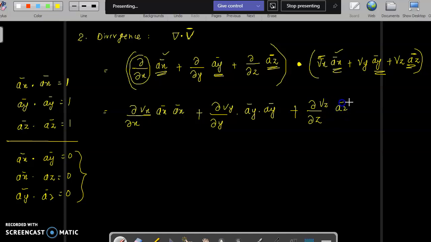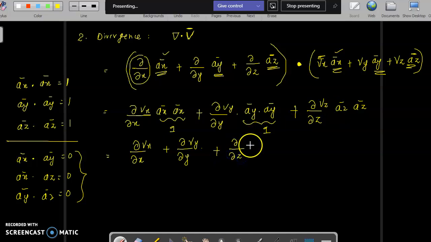So finally dou by dou x of this vector, and this is 1, plus dou by dou y of Vy, and this produces the same result 1, plus partial derivative on z, this will produce 1.